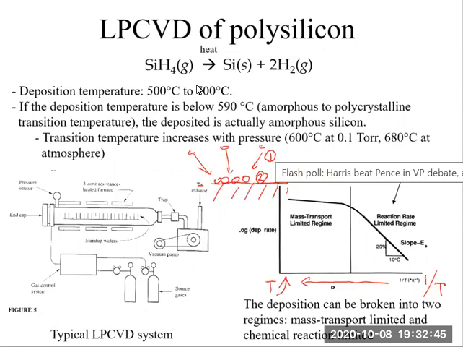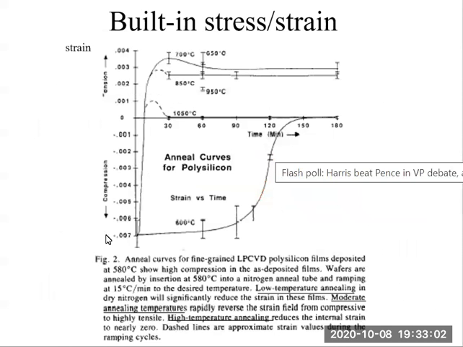Polysilicon thin film is typically prepared using the LPCVD method, low pressure chemical vapor deposition. The gas used is silane. As-deposited polysilicon thin film typically has a compressive strain, a compressive stress.